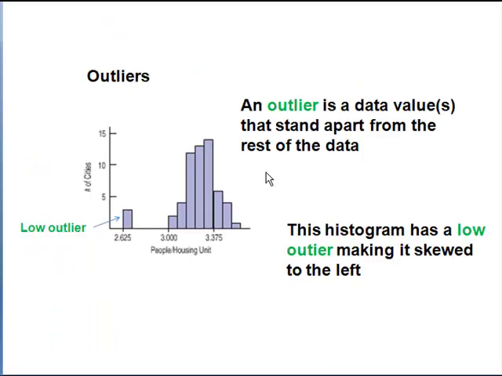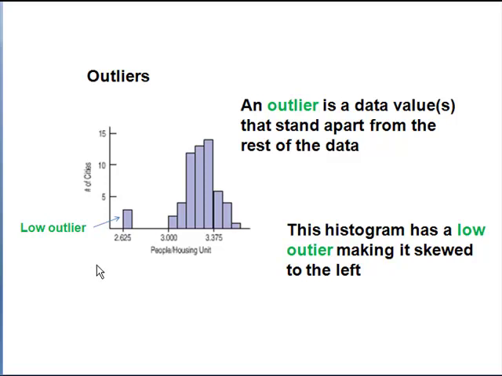Finally, it is important to announce if we spot a truly unusual data value or values, those that stand off from the others, creating large gaps in our graph. We call these outliers, and depending upon whether they are small data values or large data values, we call them low outliers or high outliers.